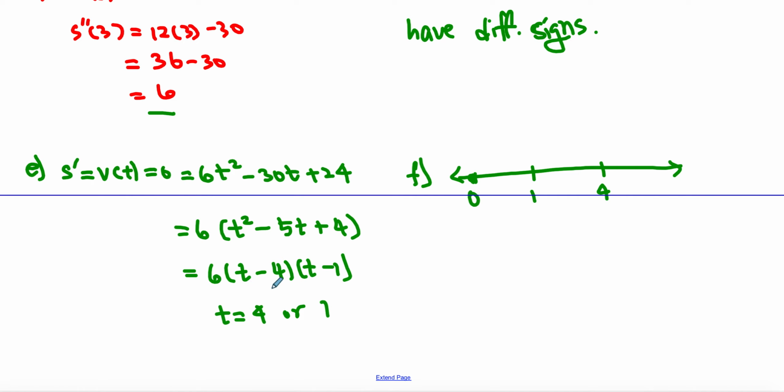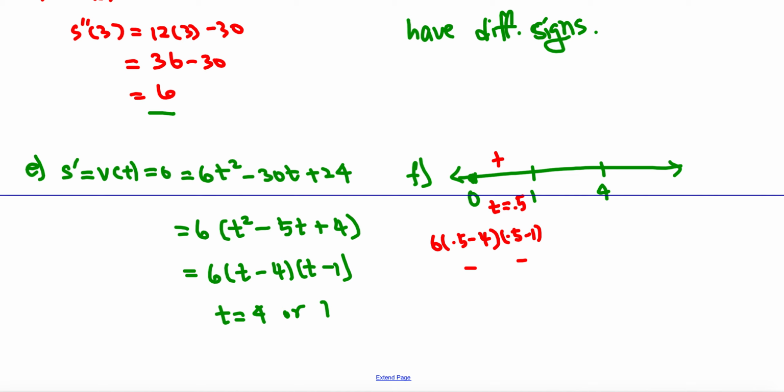But I can just put them over here, because all I'm looking for is positive versus negative. So what if t were equal to 0.5? 6 is simply 6. So 6 times 0.5 minus 4, and then 0.5 minus 1. I realize that this is negative, that's negative. So two negatives makes this one positive.